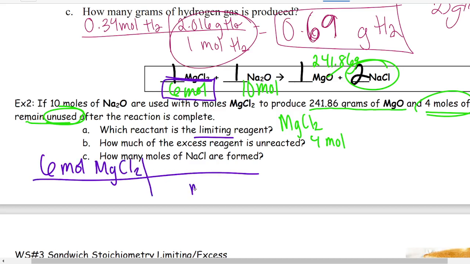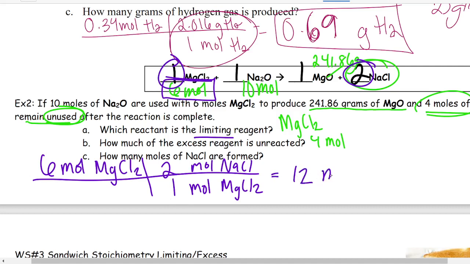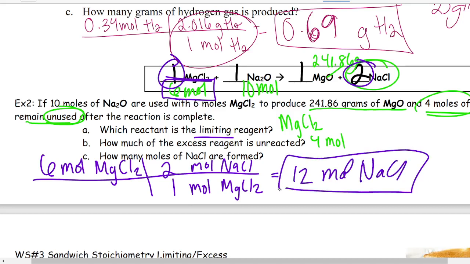If I take moles of MgCl2 down here and put moles of NaCl up here, 2 moles of NaCl for my balanced chemical equation, and then 1 mole for MgCl2. 6 times 2 gives me 12 moles of NaCl. That is how many moles of sodium chloride are formed.